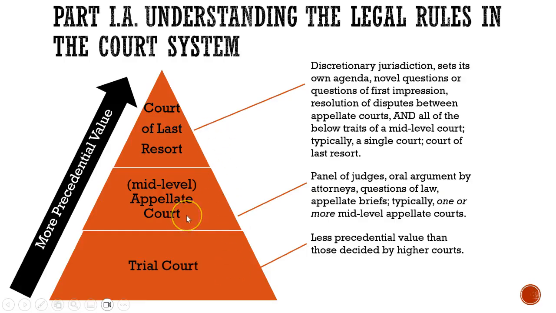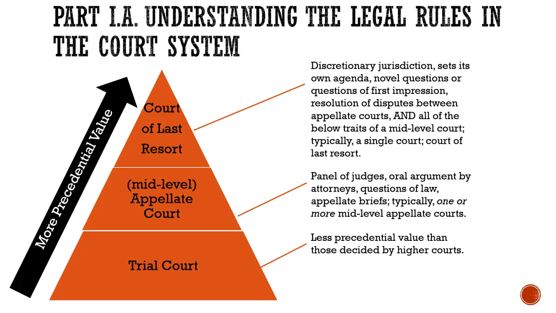If we move up to the mid-level appellate court, procedurally what happens is a panel of judges hear the oral arguments by the attorneys, and they only hear arguments about questions of law. They also file appellate briefs explaining their side of the case.